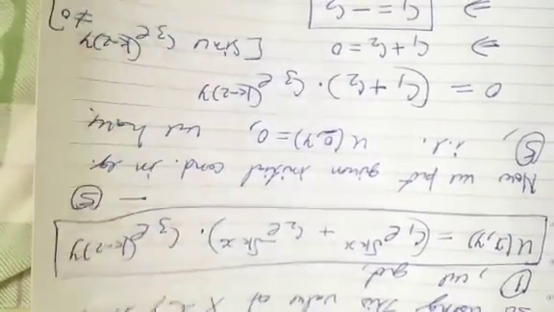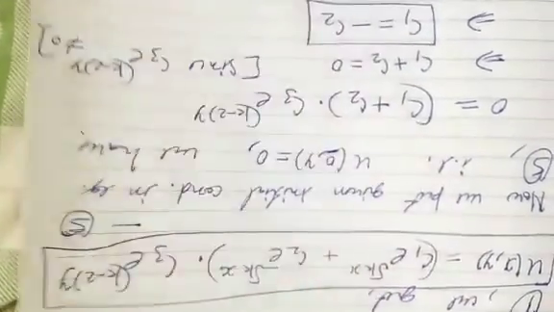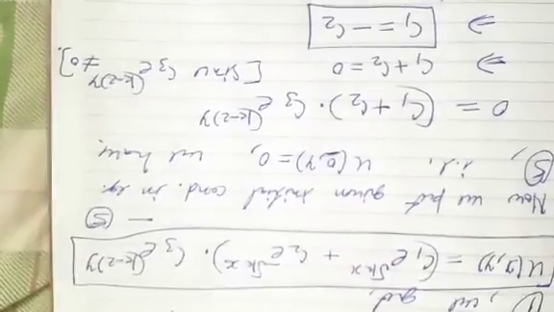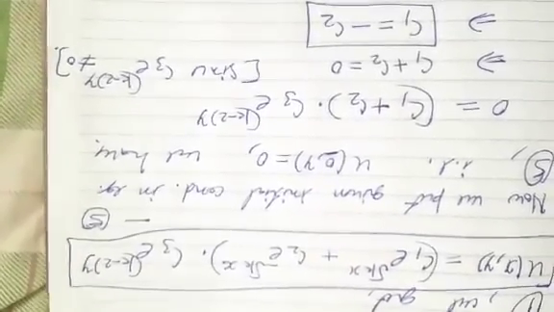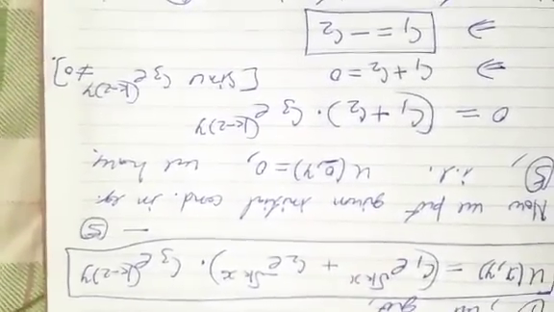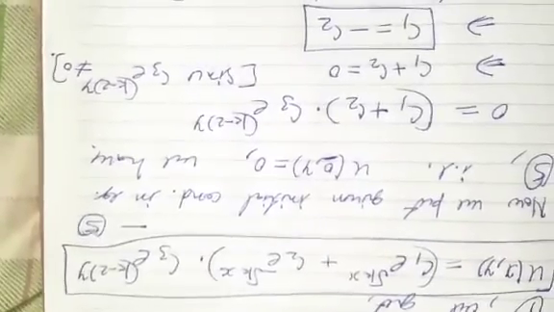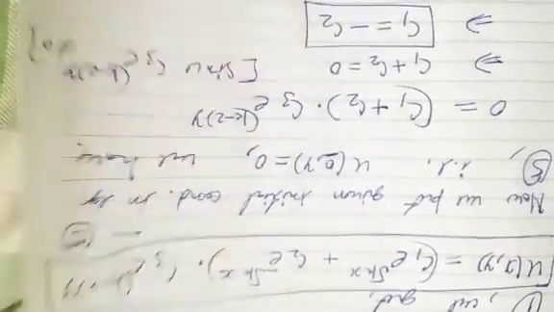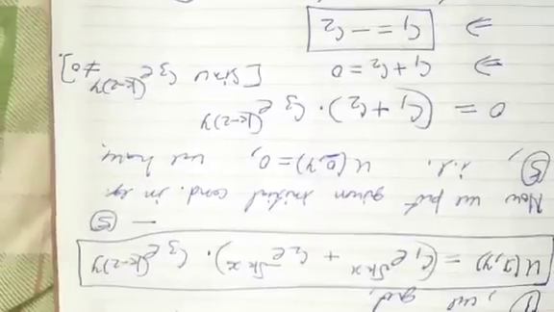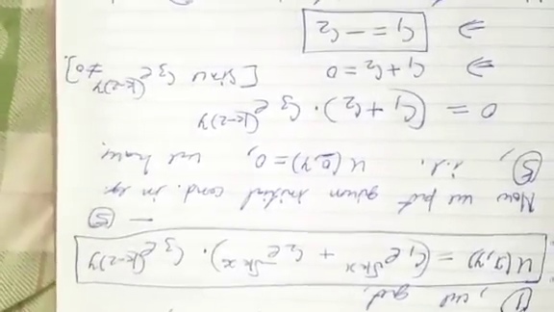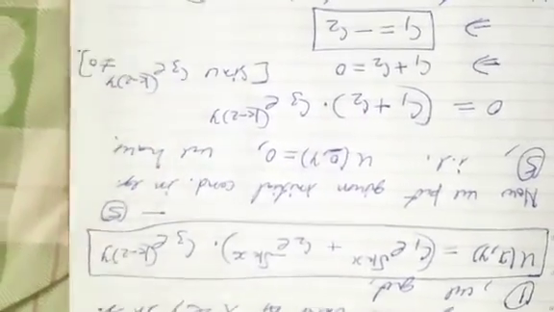So this can be written as c1 into c3 into e to power under root kx minus e to power minus under root kx into e to power k minus 2 of y. This is the solution of u of x comma y. Now this will be the equation number 6.